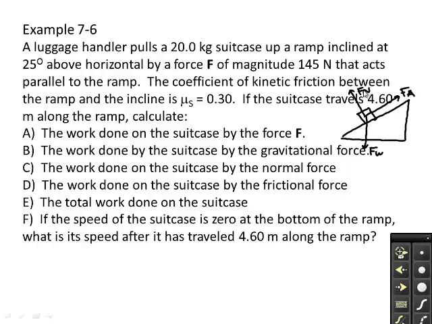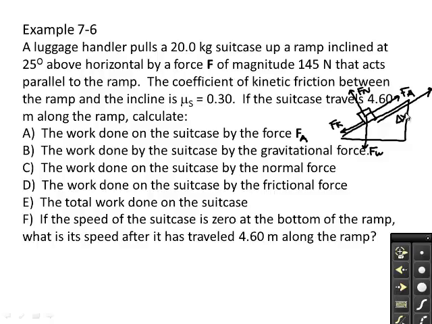And let's see, we've got friction as well. So the first thing is, how much work is done by our force? Well, the displacement is up the incline. So there's our delta x, so to speak, and it is a delta x of 4.6 meters.